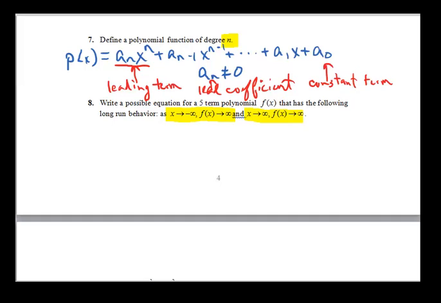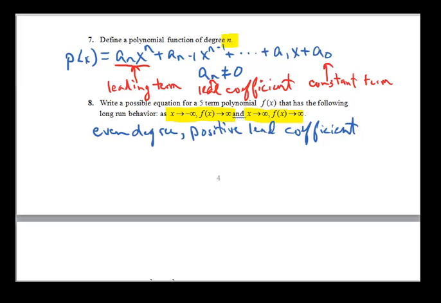That means this polynomial has even degree and a positive lead coefficient. Because what does it do? It goes up to the right and to the left.